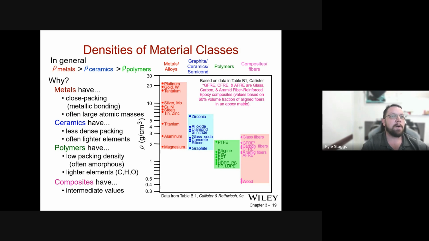Composites, there are intermediate values. They are also made of lighter elements, but then the epoxies add a lot of density to the material. So it is a hybrid of sorts between the polymers and some semiconductor and ceramic-like materials because of the way that they are made.